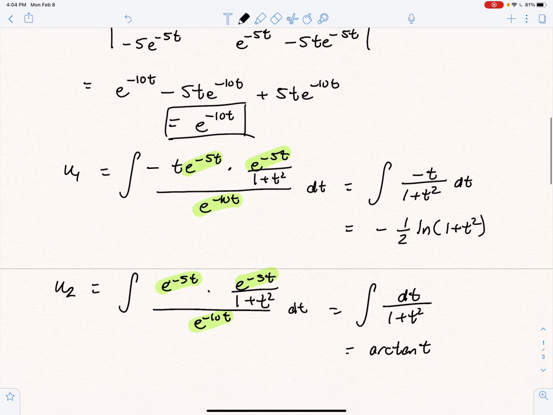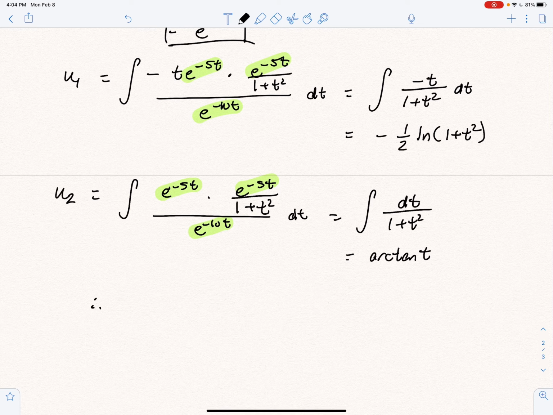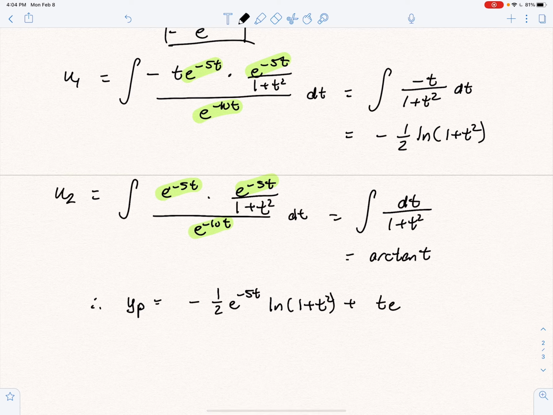And again, no plus c. So this means that the particular solution is u1 y1, so negative 1/2 e to the negative 5t times the natural log of 1 plus t squared, plus u2 y2. So I'm going to write this as t e to the negative 5t arctan of t, and that's our particular solution.